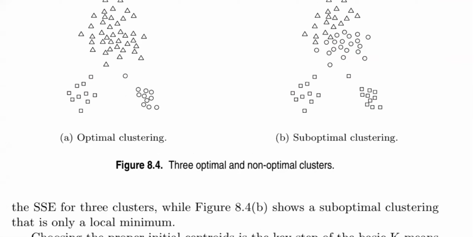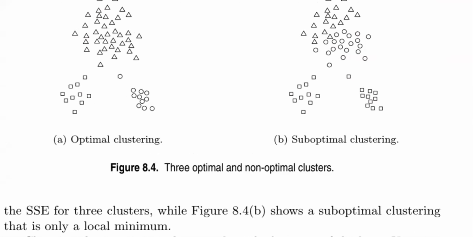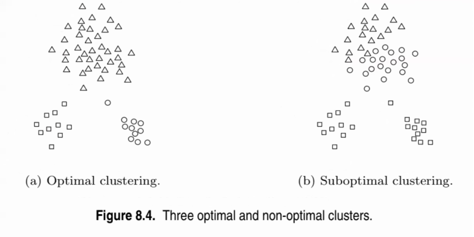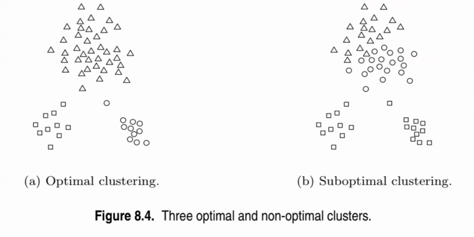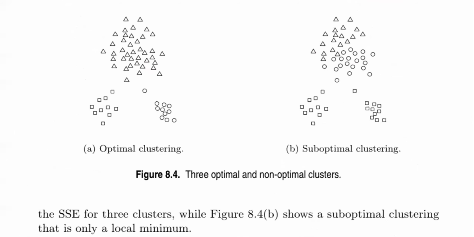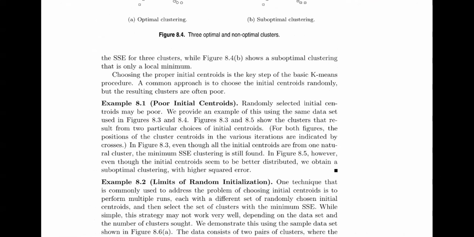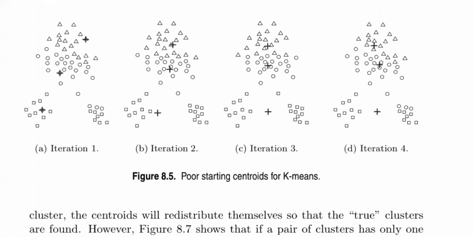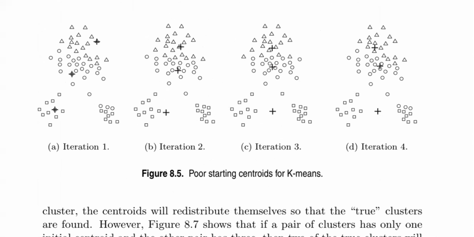In suboptimal clustering, some of the triangles are converted into circles, and the remaining ones are represented as squares. So this is the suboptimal clustering. See, these are the poor starting centroids for k-means, based on the centroids we represent here.